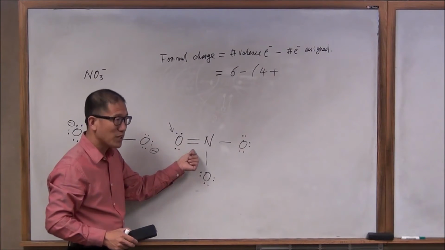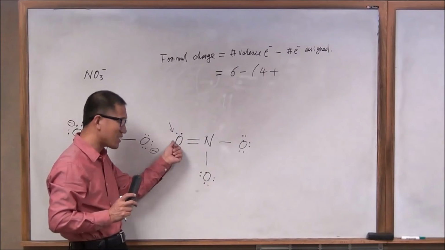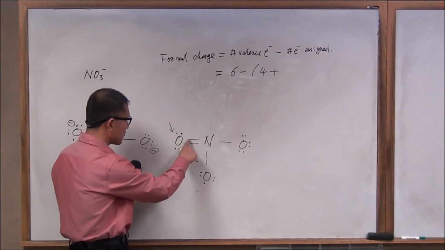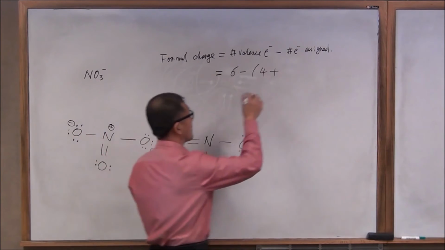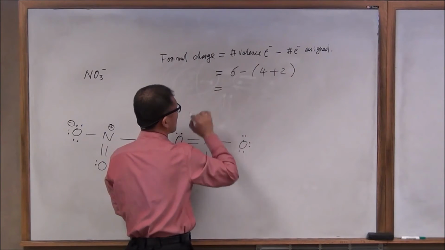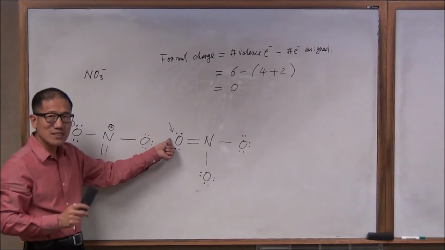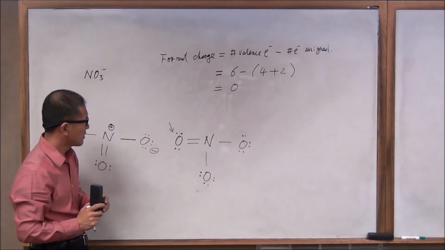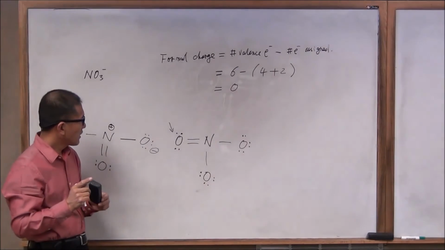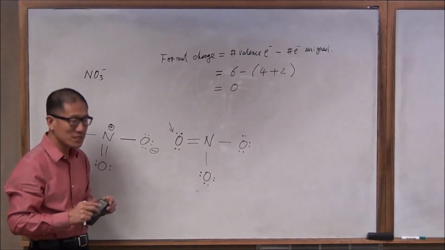Each line represents 1 electron assigned to this atom. So this will be 2 electrons assigned to this one. And this will be 0. So this oxygen does not have any formal charge.